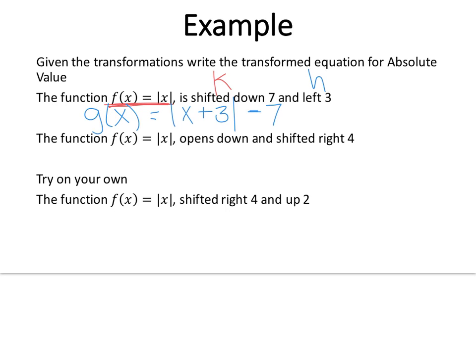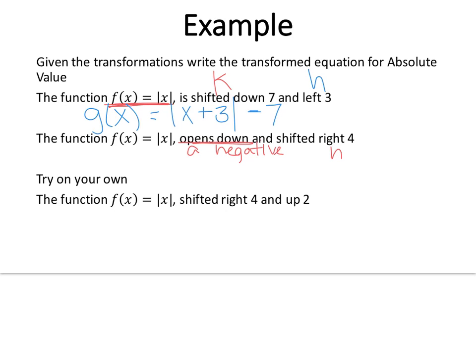For the next equation, it says the function f of x equals the absolute value of x, so for your parent function, it opens down and it's shifted to the right. So opens down, this means that A is negative. Shift right 4, right is going to be H, and again, H kind of lies to you.